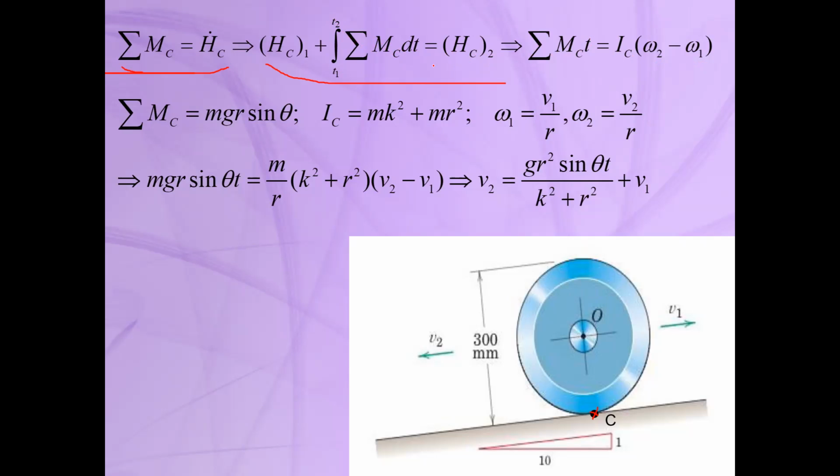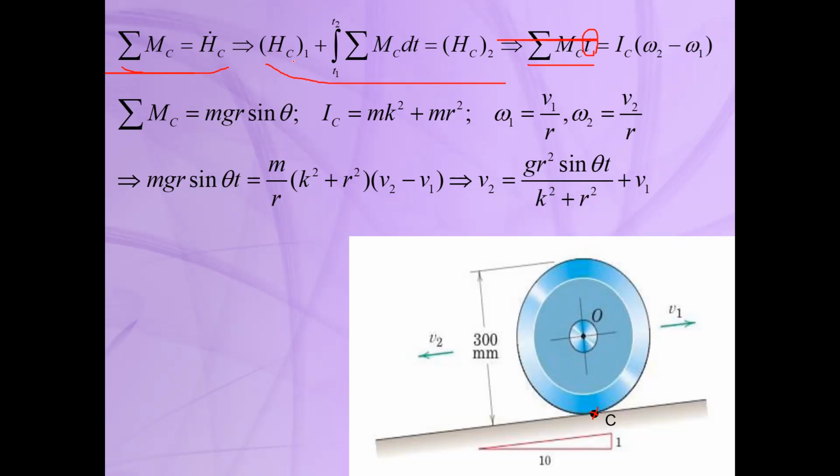If we calculate this integral, we will have the summation of the moment about point C times t, where t, as I told you, is t2 minus t1, which in this case is equal to 6 seconds, equal to IC (omega 2 minus omega 1).